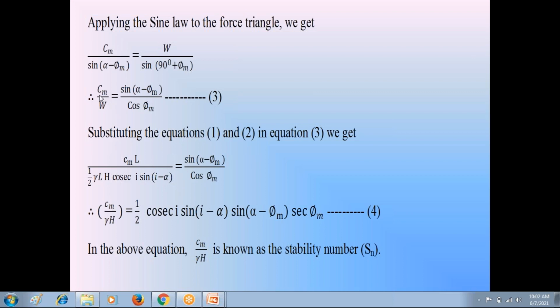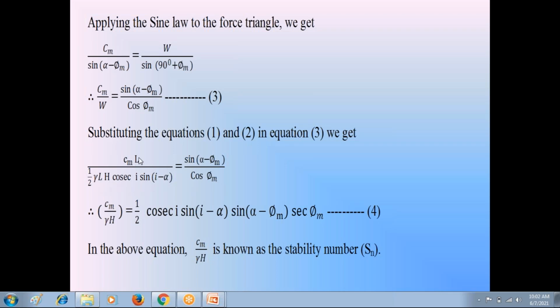We also know that this mobilized cohesion force, capital Cm, is equal to small cm into length L. Small cm is the mobilized cohesion per unit length. L is the length of the failure surface AD. So substitute on the left hand side capital Cm as small cm into L, and W as half gamma L H cosecant i into sine i minus alpha, equal to the right hand side as it is, sine alpha minus phi m by cos phi m.